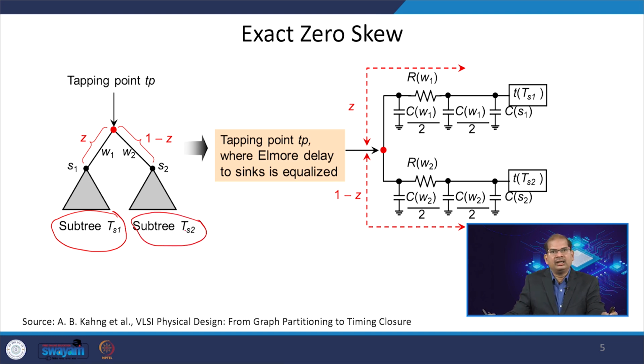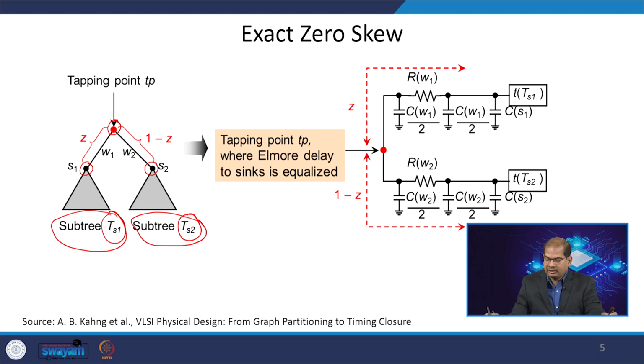Their delays are not the same: the delay till S1 and the delay till S2 are not the same. Then we find a tapping point such that the delay through subtree TS1 is equal to the delay through subtree TS2.